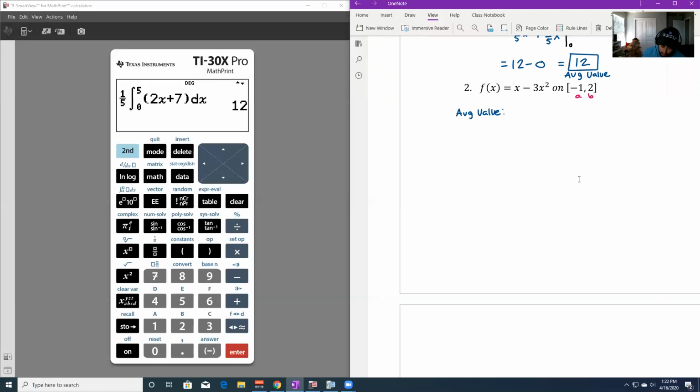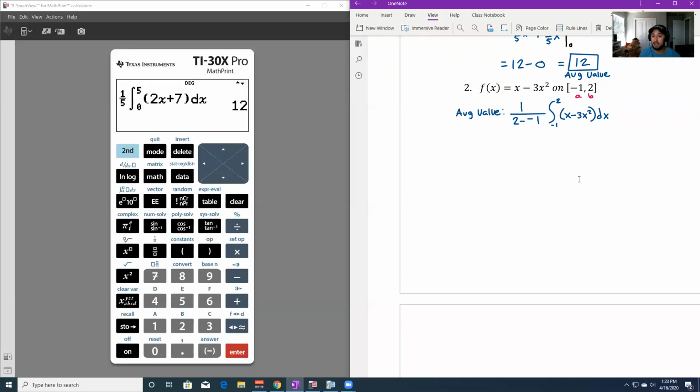And we get 1 over B, which is 2, minus A, which is -1, times the integral from -1 to 2 of x minus 3x squared dx.